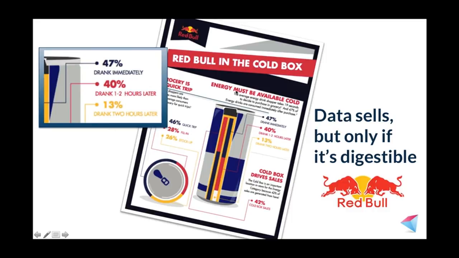And then also thinking about how you can use data visualization. Data is a great way to sell and a great way to get your message across. But if it's really complex and your audience isn't going to be able to digest and comprehend it quickly, it's not going to mean a lot to them, and it might actually scare them off. So Red Bull did a really interesting sell sheet where they were trying to convince vendors to include Red Bull in their cold boxes.